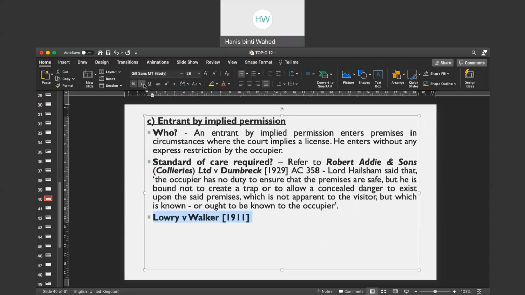Where in this case, if you read this case, yeah, Laurie Walker, the defendant adalah occupier of a field, okay, occupier of a field. Jadi sepanjang beberapa puluh tahun, people there, they were accustomed untuk pass the field. Bila mereka nak pergi ke railway station, mereka akan pass the field, ya.